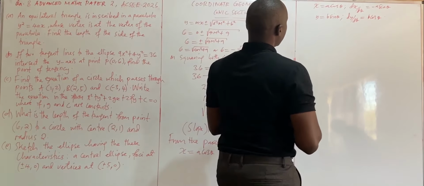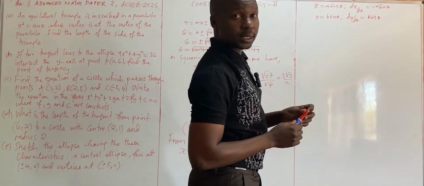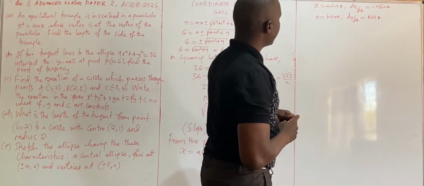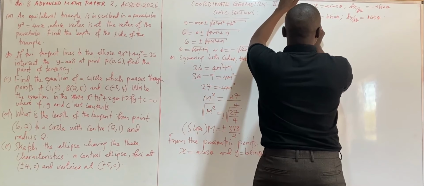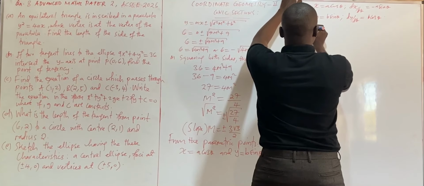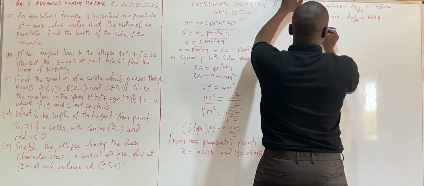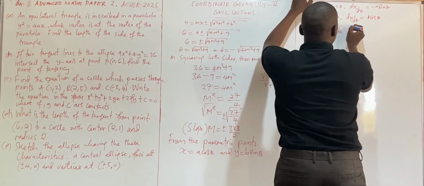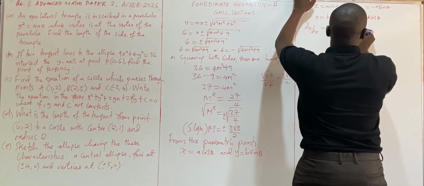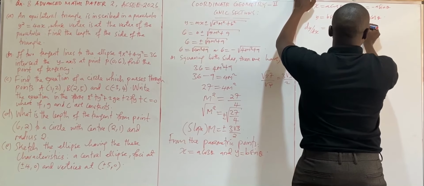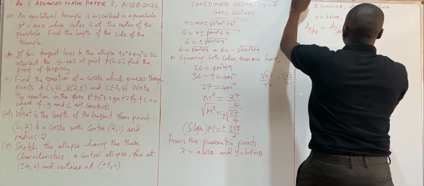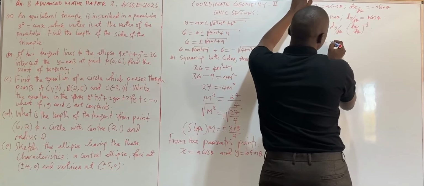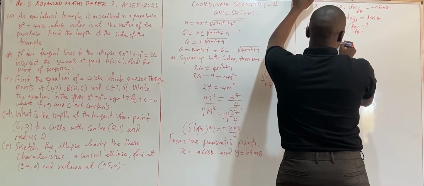Now from there, we know slope equals dy dx. So through these parametric points, we can find dy dx by the chain rule. So we say dy dx equals dy d theta times the reciprocal of dx d theta. So at the end of the day, dy d theta is b cos of theta.